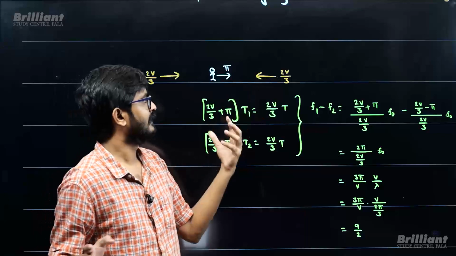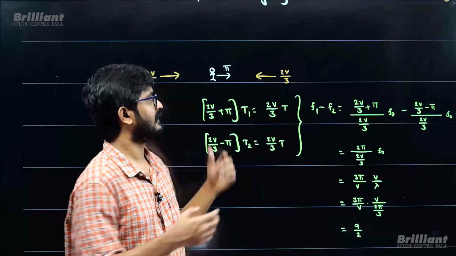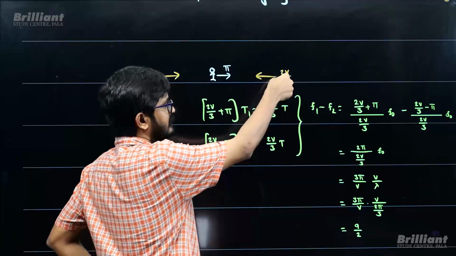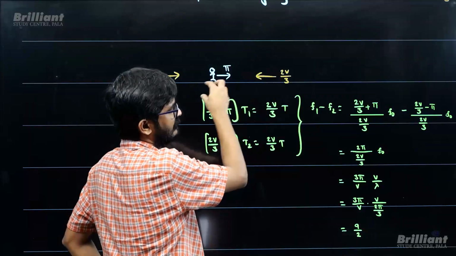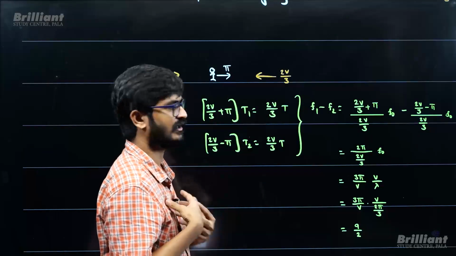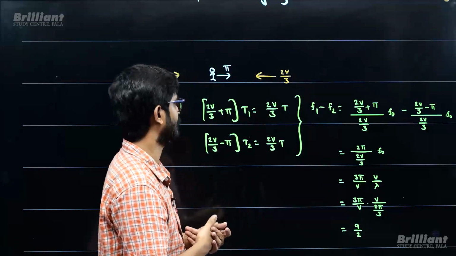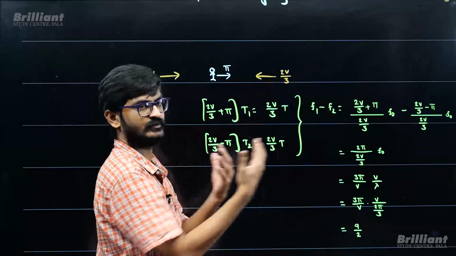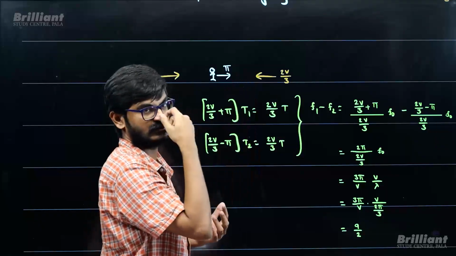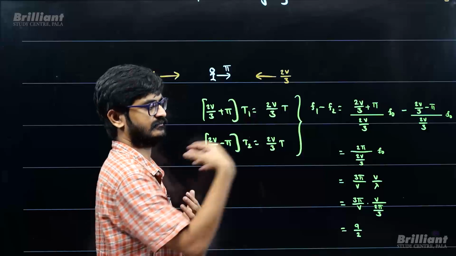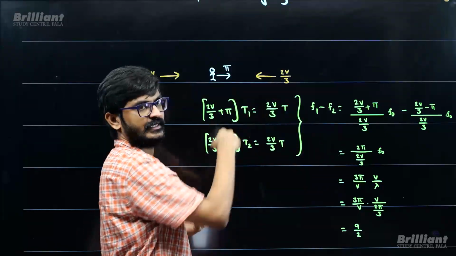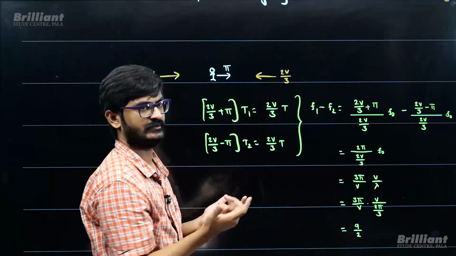Now I'll visualize the waves as balls. If balls are coming with speed 2v by 3, I'll be collecting the first ball. After how much time will I collect the second ball? The relative speed is 2v by 3 plus u. So with respect to me, the ball will be moving with 2v by 3 plus u, into time, let me say t1.